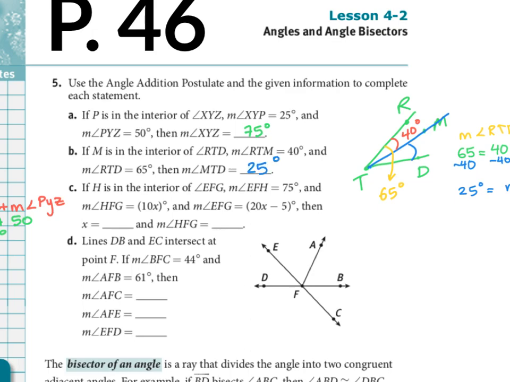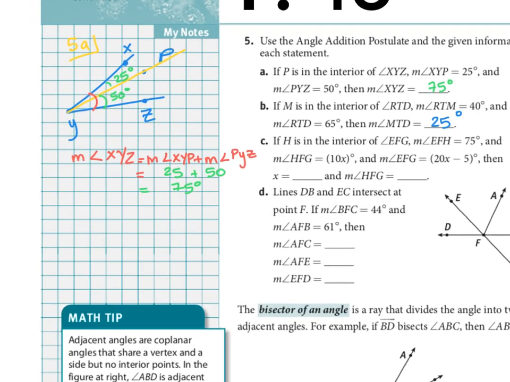Now let's move on to 5C. If H is in the interior of angle EFG, so this is 5C, and I'm going to sketch an angle, which is EFG, and H is in the interior. EFH is given to be 75 degrees.